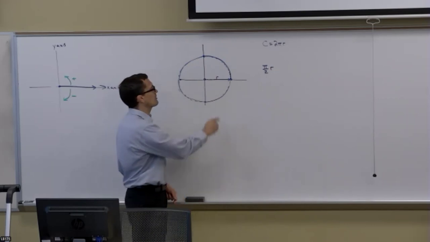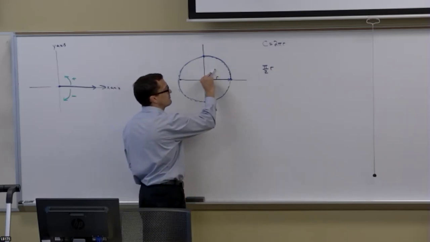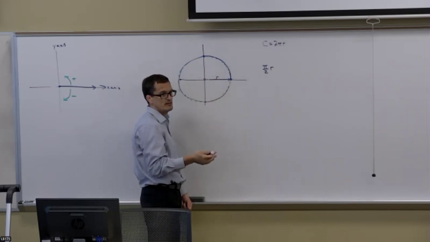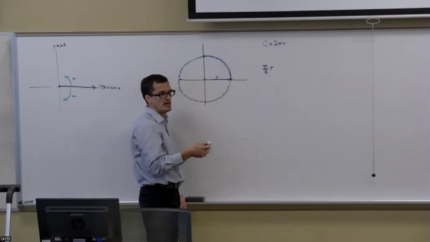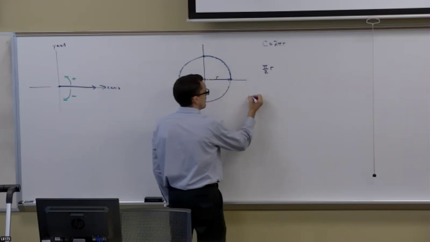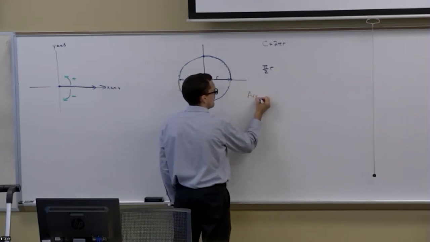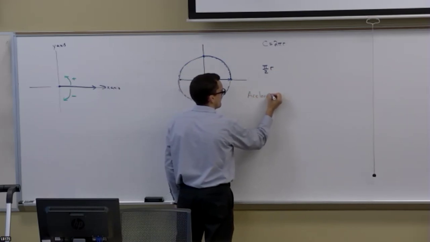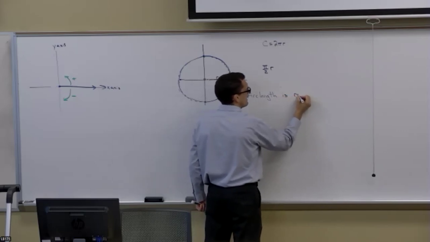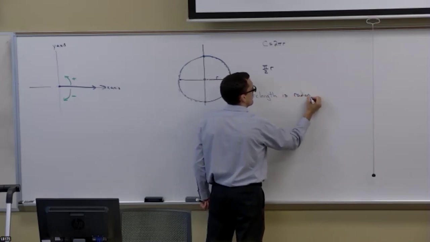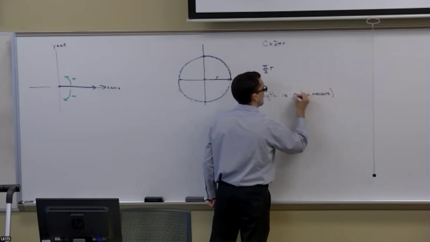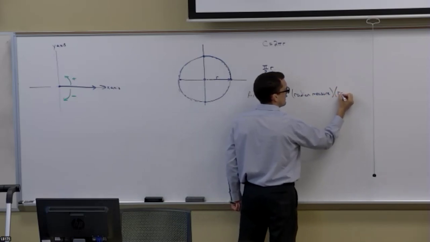So whatever arc length I move around the circle is going to be my radian measurement of rotation times r. So the arc length is radian measure multiplied times the radius of the circle.